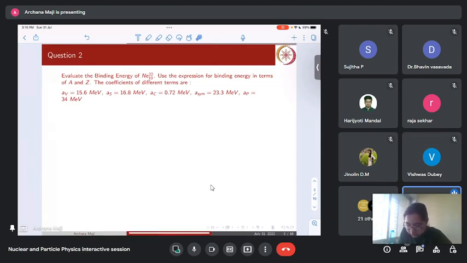Okay, let us move to the second question. Here we have to evaluate the binding energy of neon using the expression of binding energy in terms of A and Z, and the coefficients of different terms are given here.